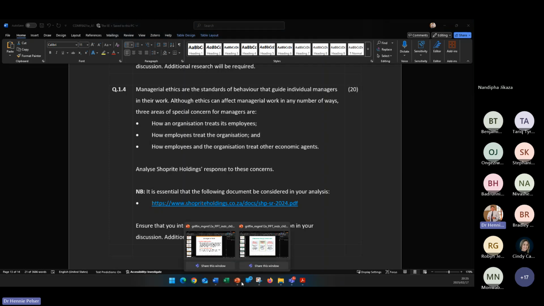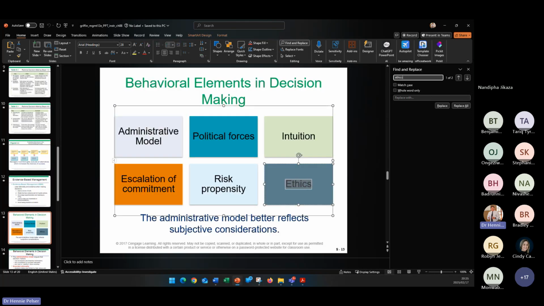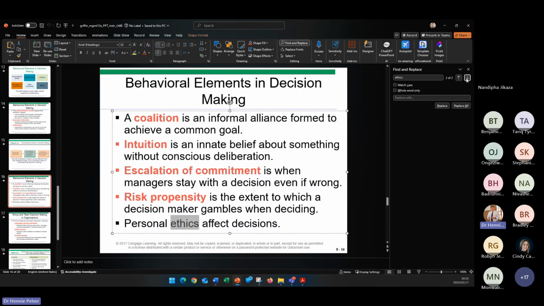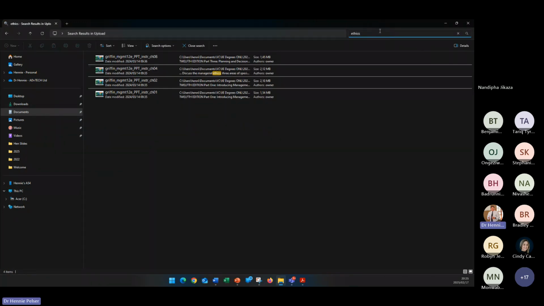So we'll go back to chapter 8. And I want to go to ethics. Hold on a second. Ethics. Right. Make sure that it is in this chapter. I just need to make sure that it's this one. Okay, no, it's not. Hold on a second. Sorry, I need to get my brain around this one, guys.